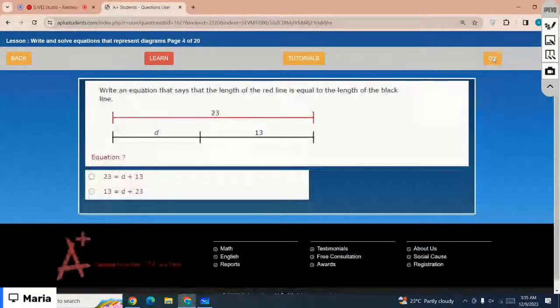Okay, write an equation that says the length of the red line is equal to the length of the black line. So which is the correct option?